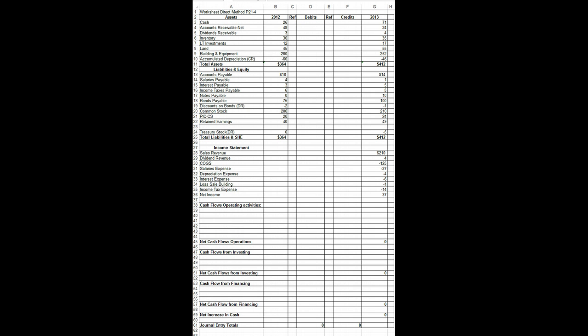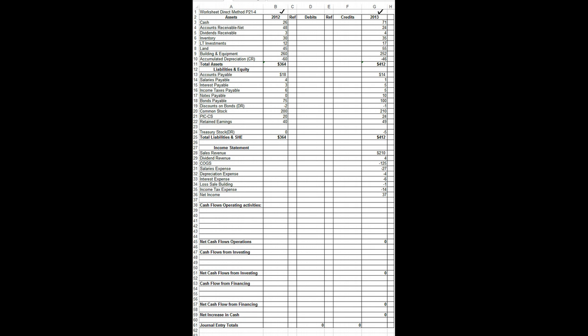Now let's take a quick look at the spreadsheet we'll be using. I brought over some amounts. I brought over the information from 2012 on the balance sheet, put it in the first column, and 2013 and put it in the second column. And notice my total assets equal my total liabilities and stockholders' equity.